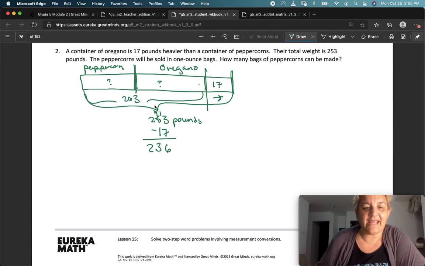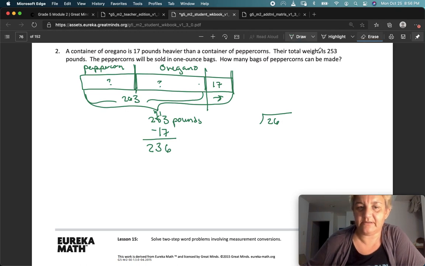And I'm going to cut it in half, so that means I'm going to divide it by 2. Oops, sorry. Is it 236 or 263? 236. I switched it around in my mind. Sorry about that. I did it over here too. 236, and I'm going to divide it by 2.